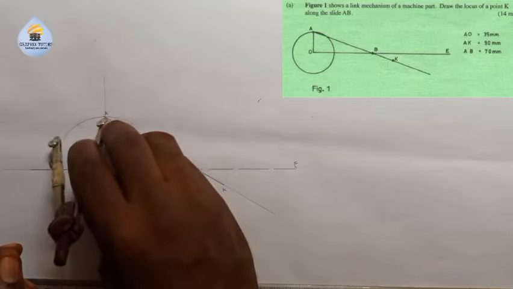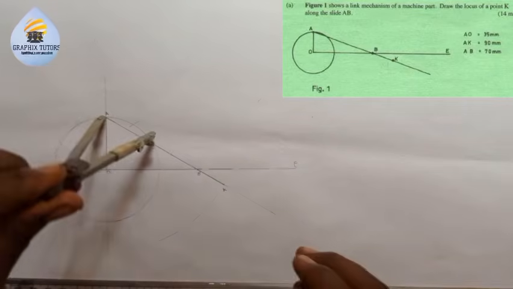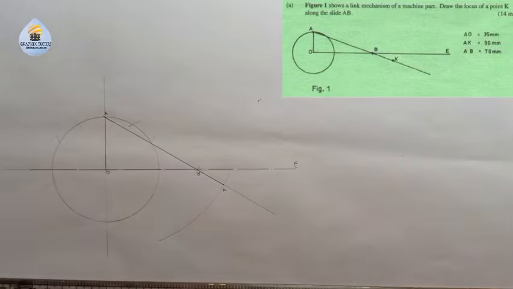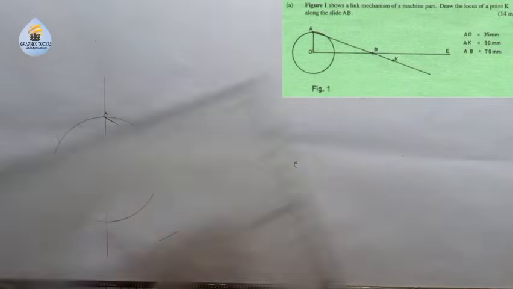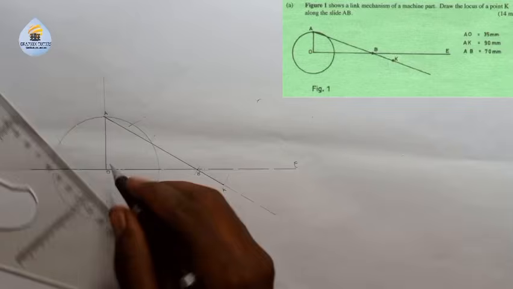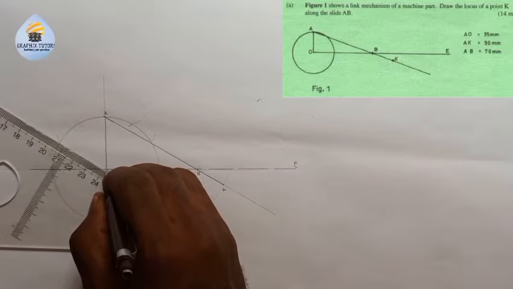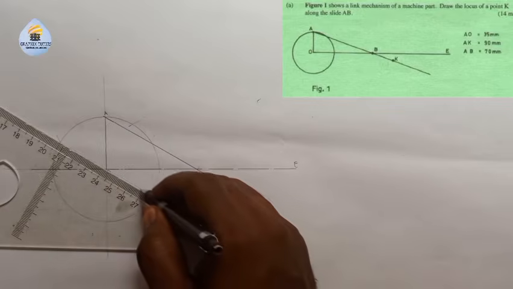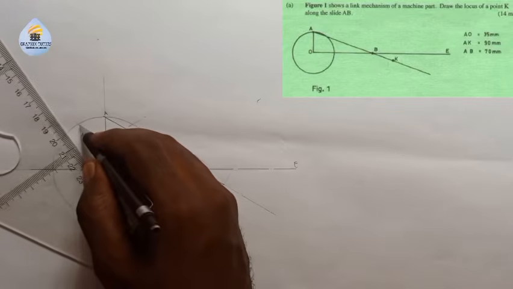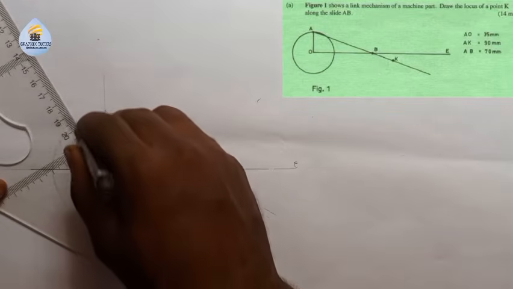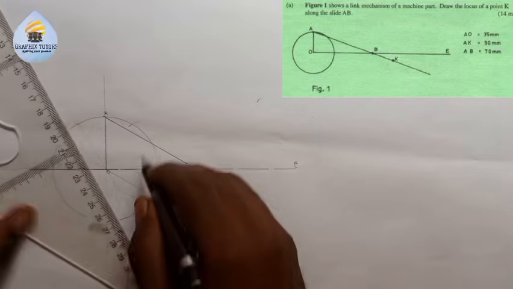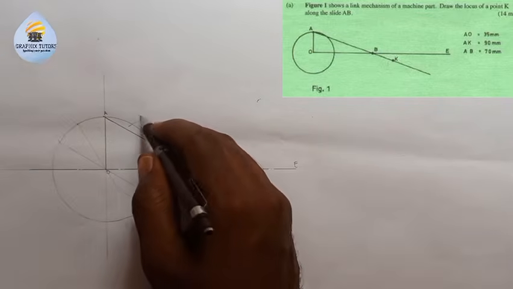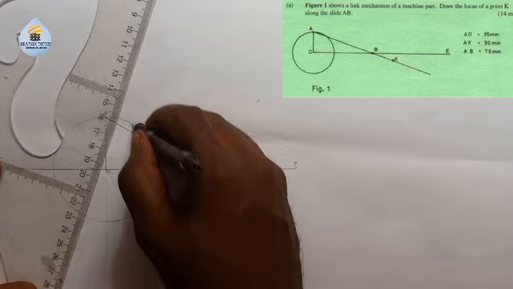I'll strike left and right. So with the help of my rule, I'm going to draw my line to pass through the center of the circle.